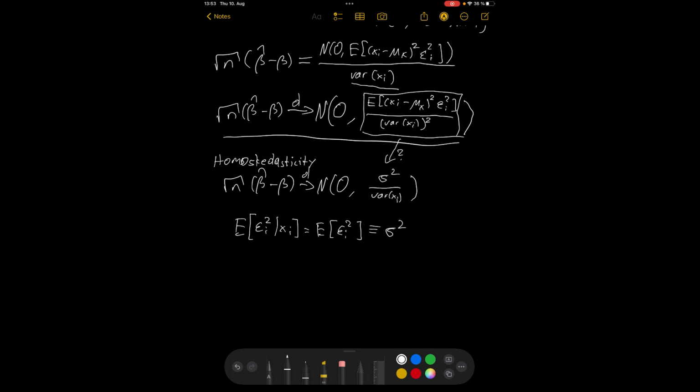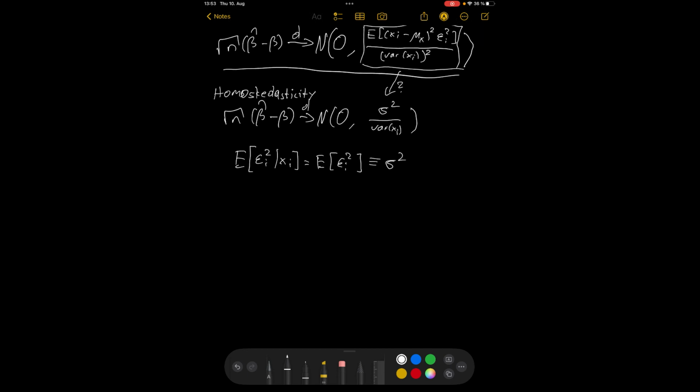So now, when we look at the numerator, we've got the expectation of (xi minus mu x) squared epsilon i squared. Use, again, the law of iterated expectations. That's one of the most useful things you will ever encounter in econometrics. Make plenty use of it and practice it.